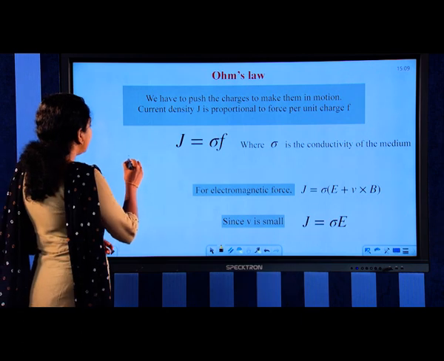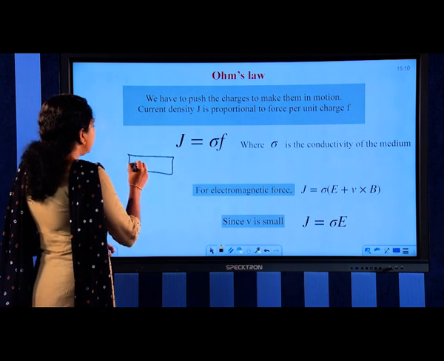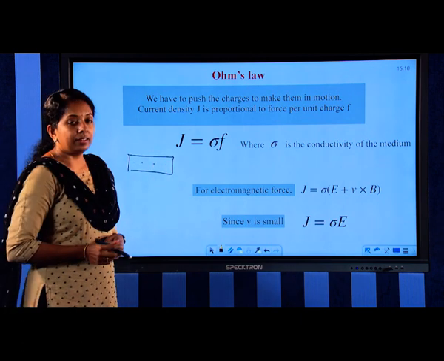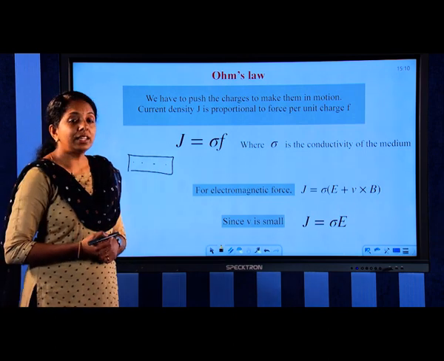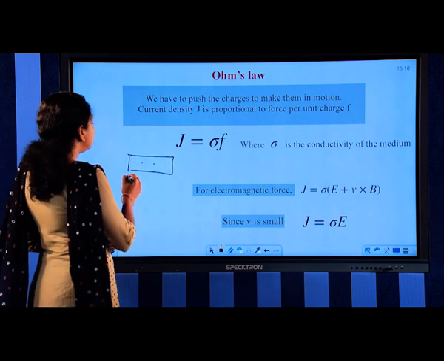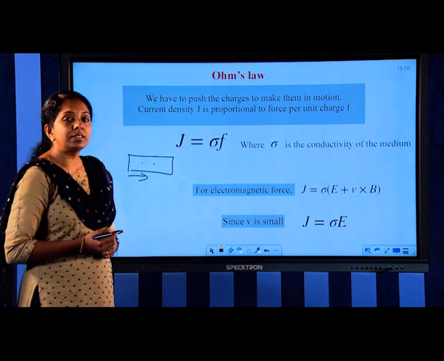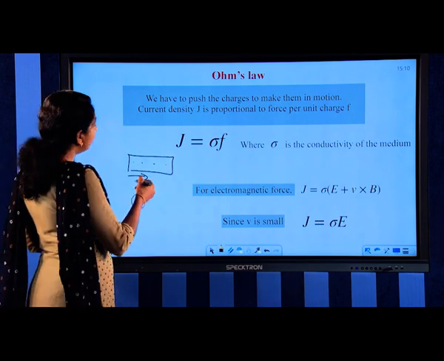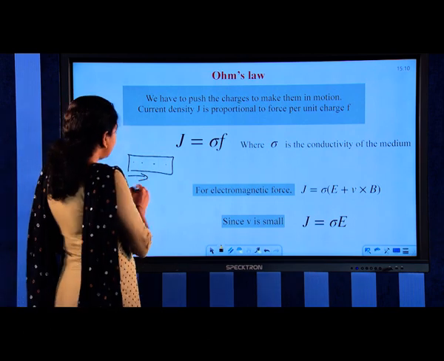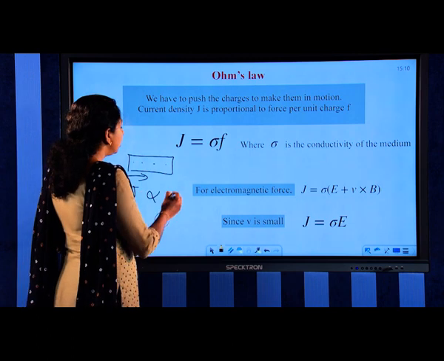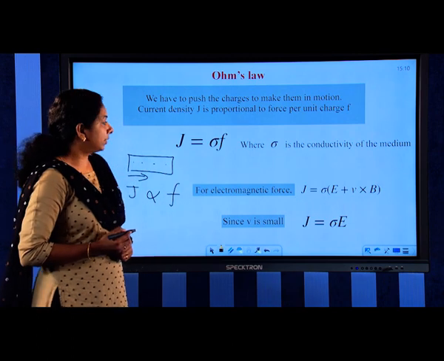So we have a conductor and many charges are inside the conductor, and we have to make the charges move. To make the charges move, we have to push the charges. So how fast they move depends upon the amount of push, or we can say that the volume current density J is proportional to the force per unit charge.